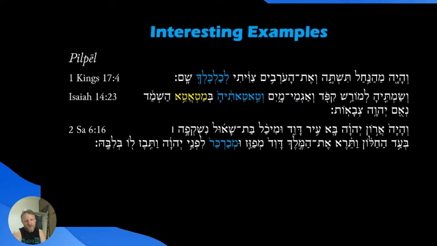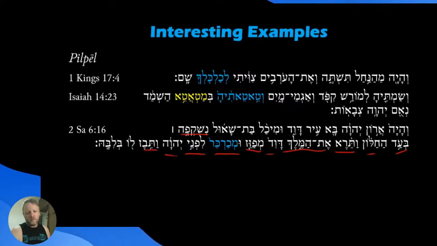Okay. 2 Samuel 6:16, "V'haya Aron Adonai ba'ir David." Okay, so this is the continuation of what we were reading before. David had taken over Jerusalem, and now he's bringing the Ark of the Lord there. "V'michal bat Shaul nishkefa be'ad hachalon, v'tere et hamelech David mefazez u'mecharker lifnei Adonai, v'tivez lo b'liba."